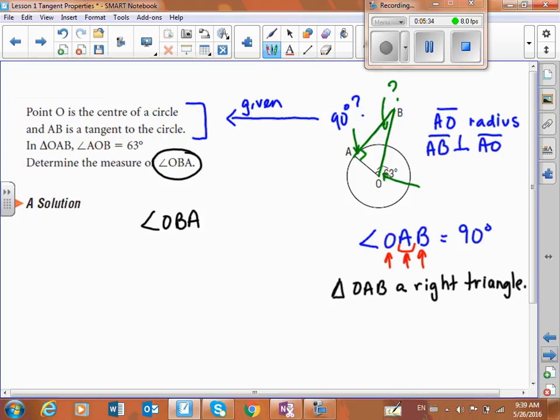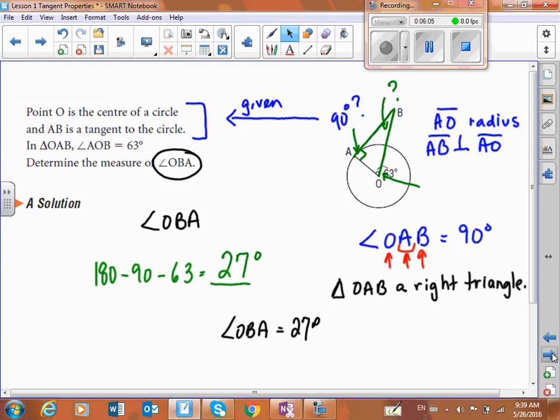How do I find a third angle? Well, remember from our review lesson that we can take 180 degrees minus 90 degrees minus 63 degrees, and we end up with our missing angle. That would be 27 degrees. Okay, so I want you to get in the habit of making final statements. Angle OBA is 27 degrees. Okay?